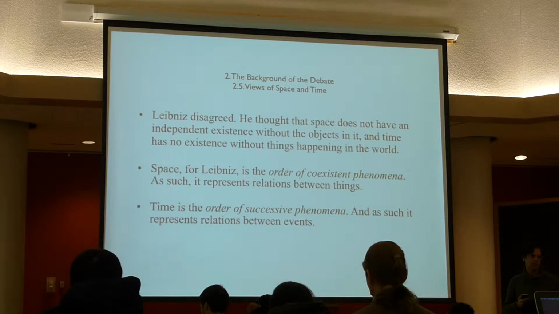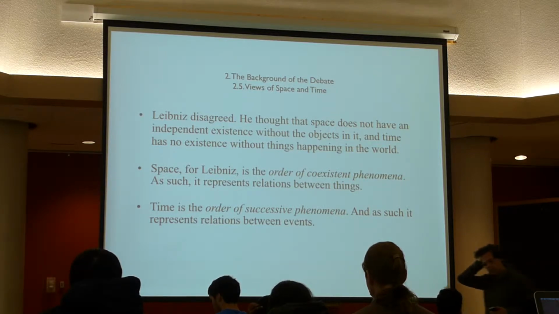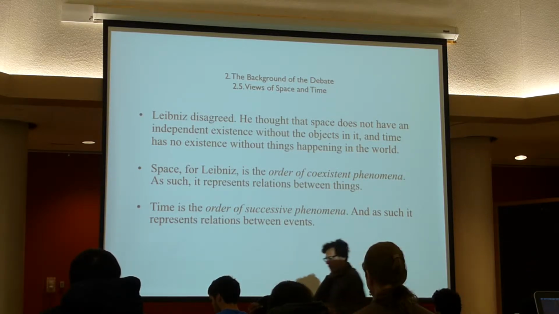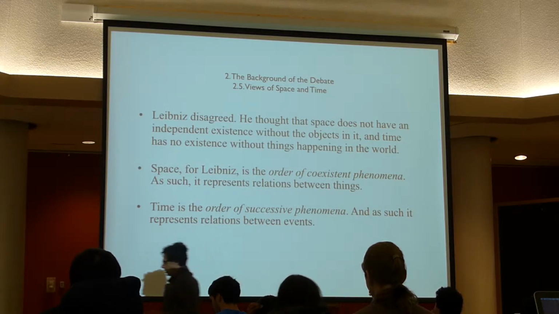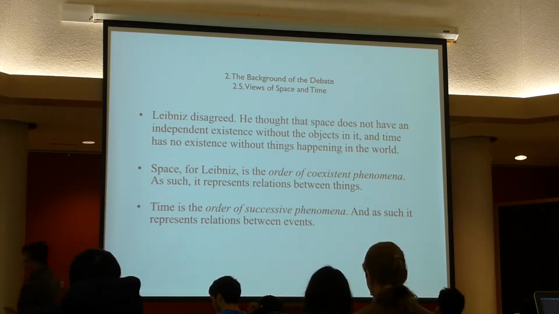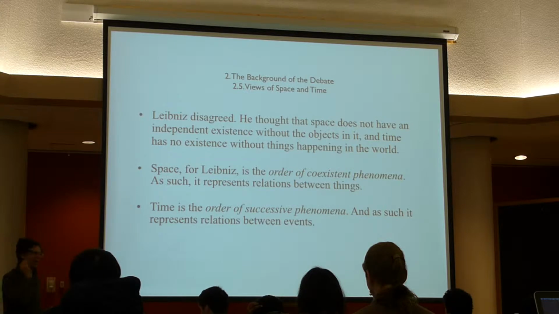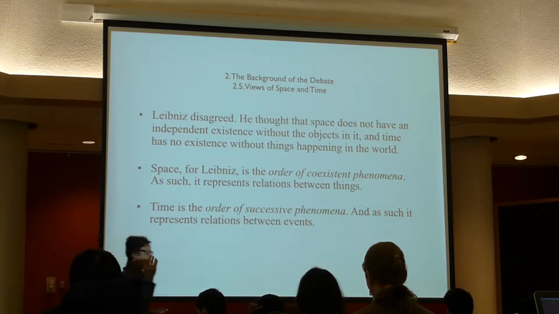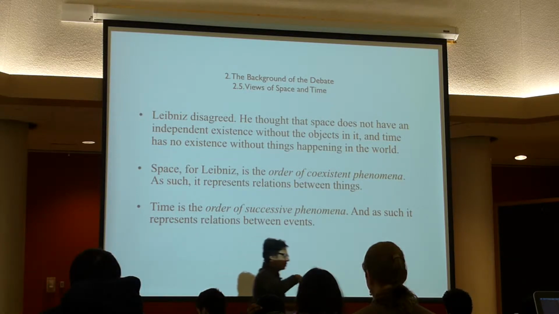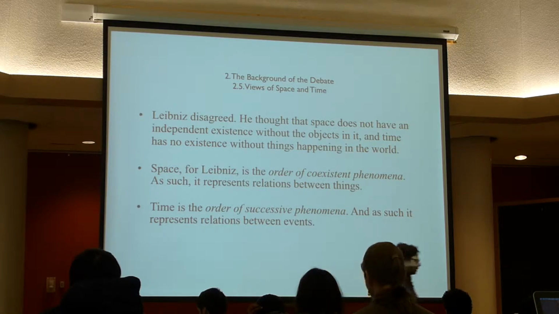There is no block universe. No, for Newton there is. But not for Leibniz. So for Leibniz, when you look at the block universe with everything, when you look at all the things that happen, the block universe is not really an entity that exists. It's just a drawing.